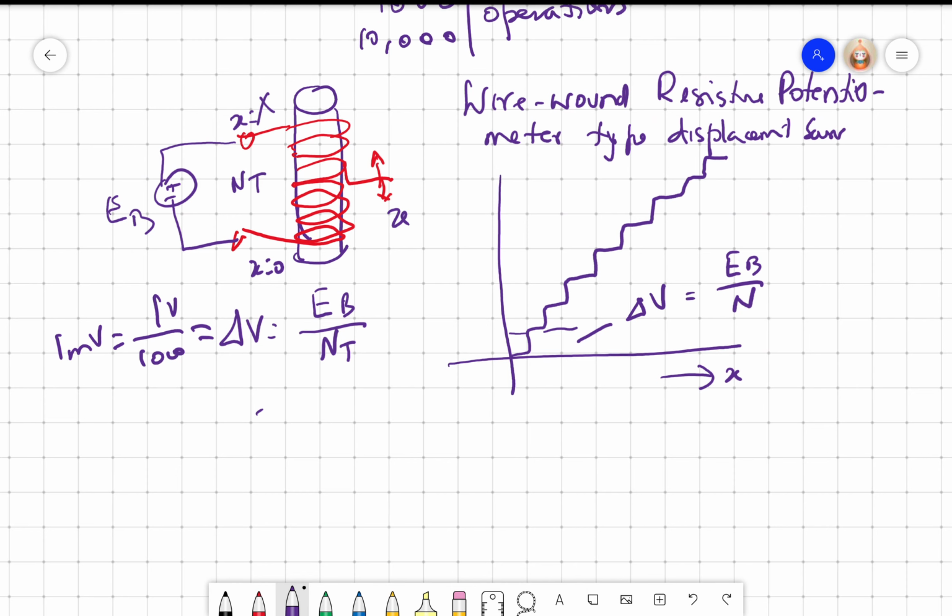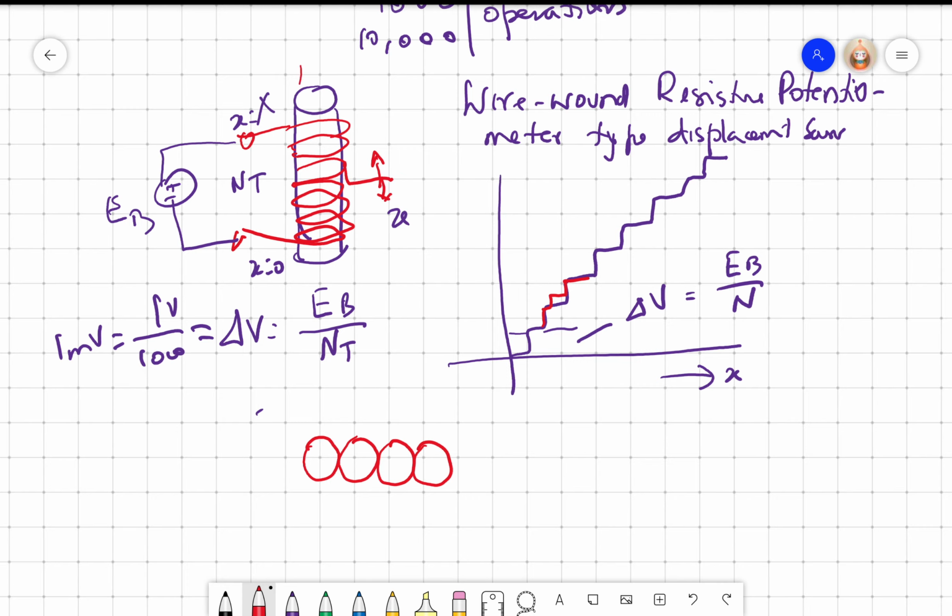But if you actually build a resistive wire wound potentiometer, you will see that after it moves up you have a small kink. So there will be two steps in between, one step between the turns. The reason is, if I look at the wire, we wind the wire, right?